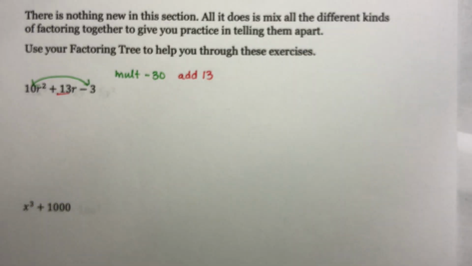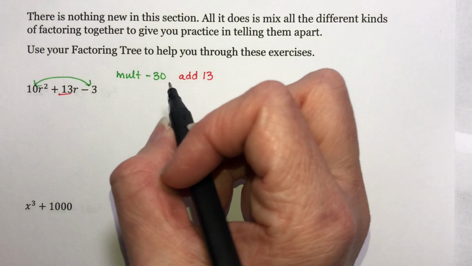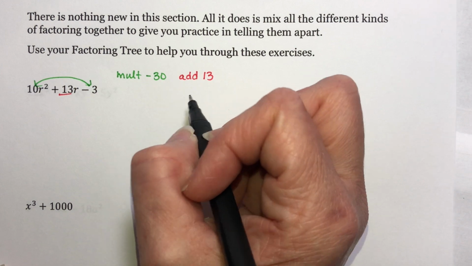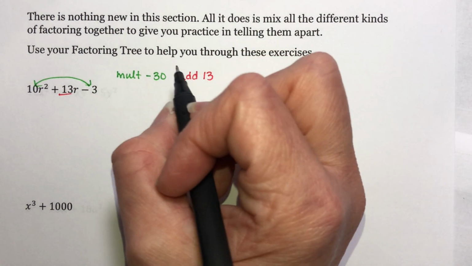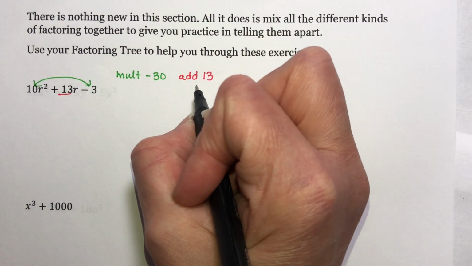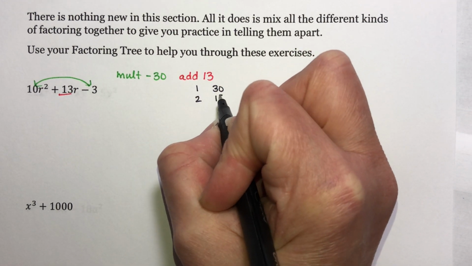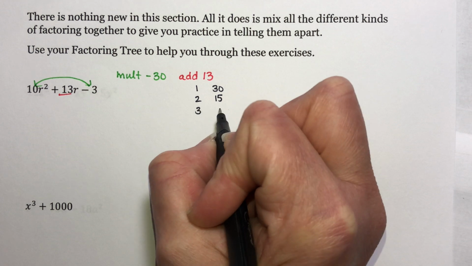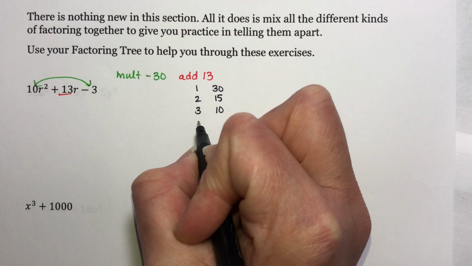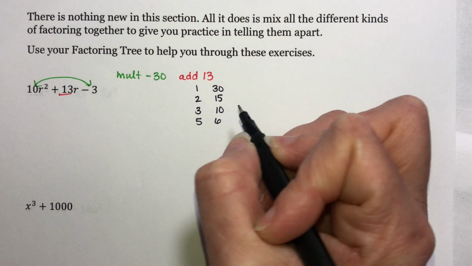This is actually a tricky combination of numbers because if you're not careful with your signs, it looks like there are 2 possibilities. I'm going to list things that multiply to 30. 1 and 30, 2 and 15, 3 and 10, 4 does not work, and then you have 5 and 6.